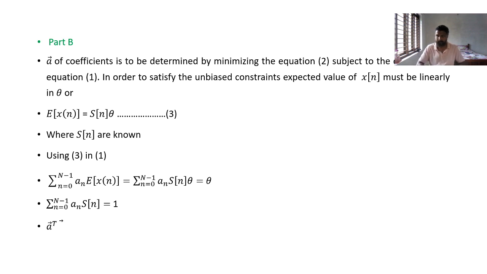I call this equation 4, where the vector s is nothing but s of 0, s of 1, s of 2, etc. up to s of N minus 1. Till this point, I think it is clear.